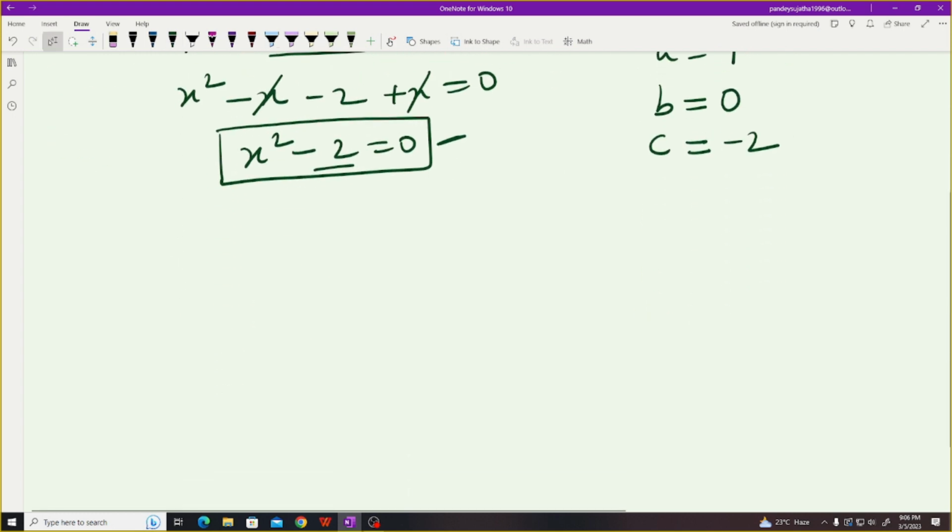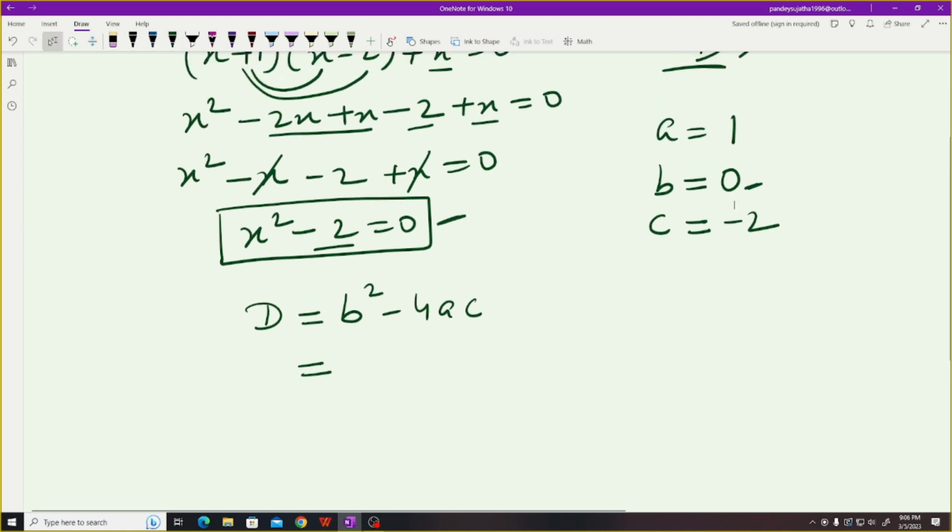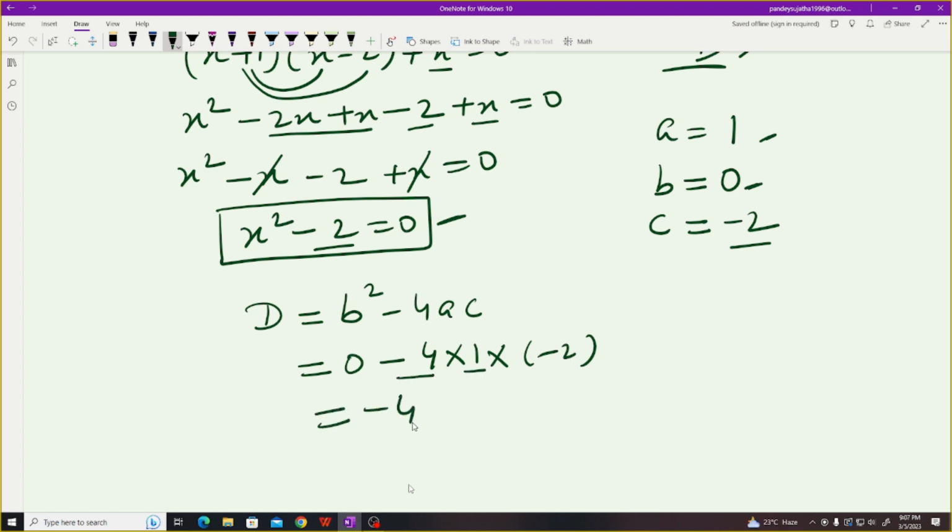So D is equal to b square minus 4ac, where b is 0. So 0 square is 0, minus 4 into a is 1 and c is minus 2. When we solve it, minus 4 into 1 is minus 4, into minus 2, which is plus 8.